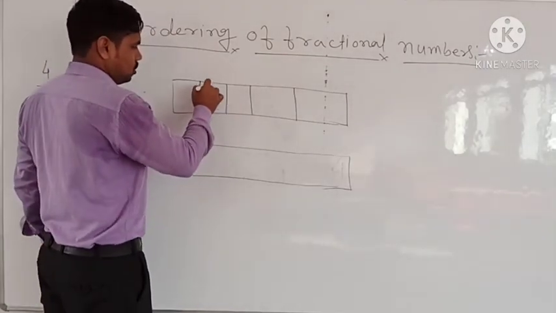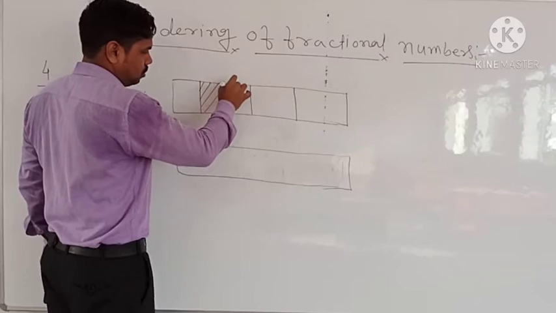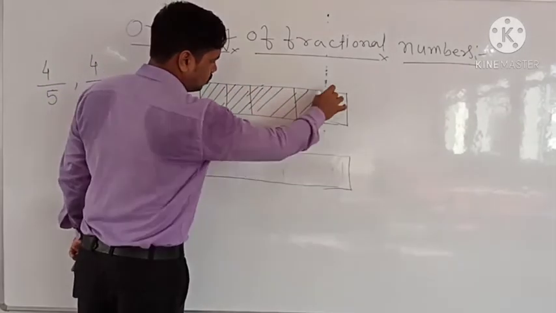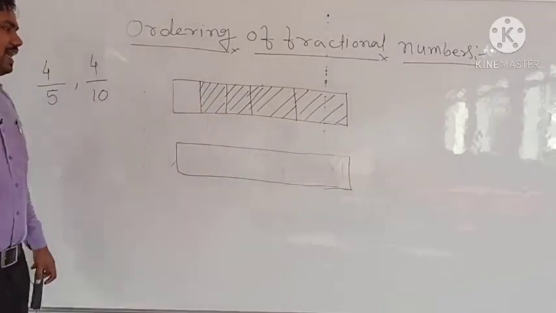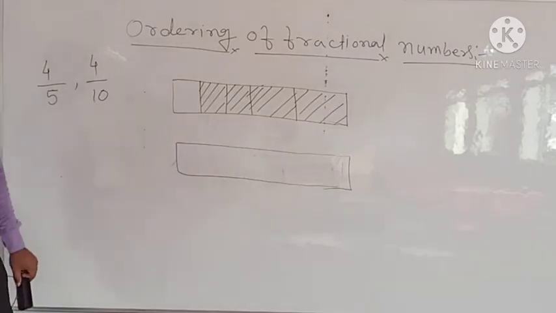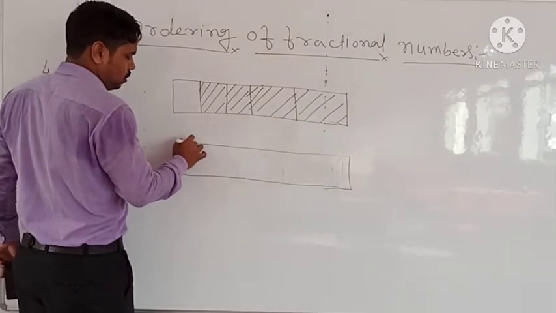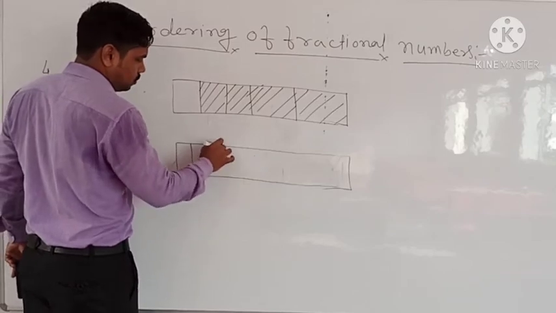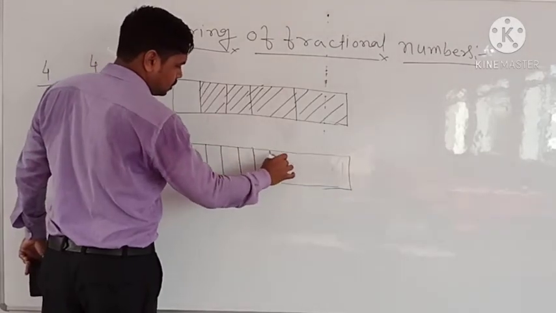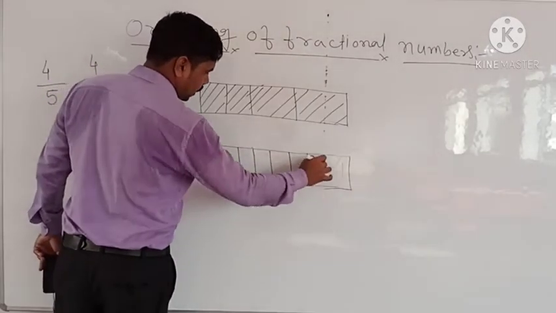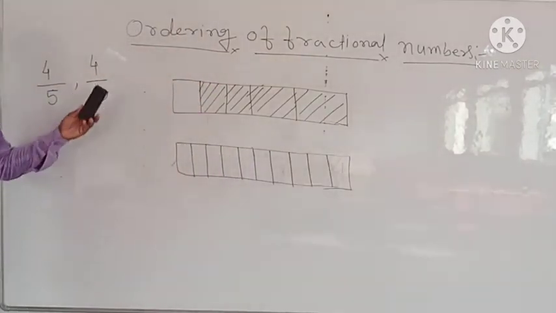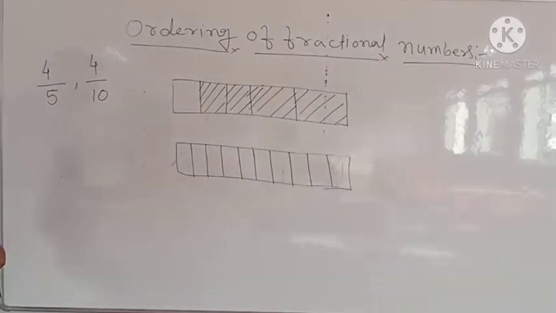So this one also, this one also 2, this one also 3, this one also 4. So I have shaded 4 parts out of 5. Now I will divide this into 10 parts. So 1, 2, 3, 4, 5, 6, 7, 8, 9, 10. So now I have divided this into 10 parts and I want to give you only 4 parts out of 10.